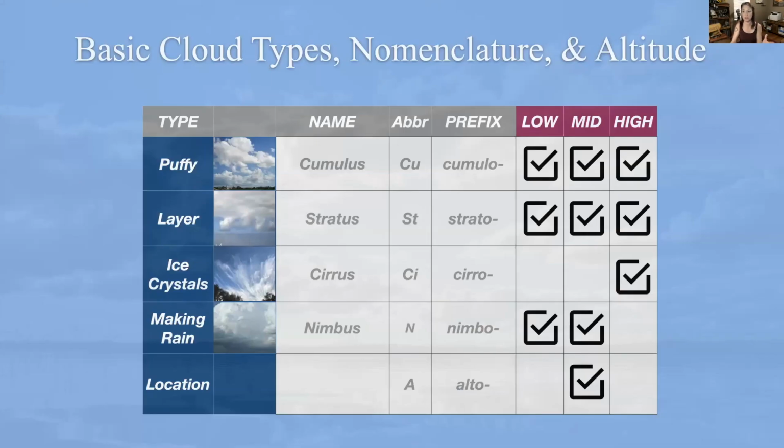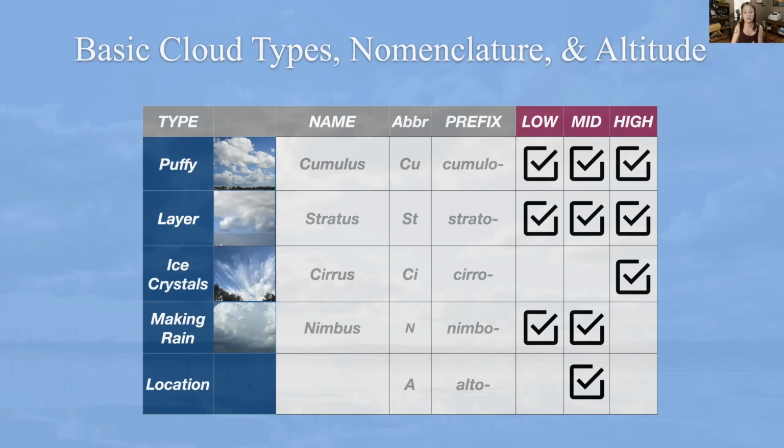Okay, so here's a chart that I put together. So by appearance, puffy clouds, literally just cotton ball puffy clouds, are cumulus. It's abbreviated CU, and the prefix is cumulo, and they occur at low, mid, and high altitudes.